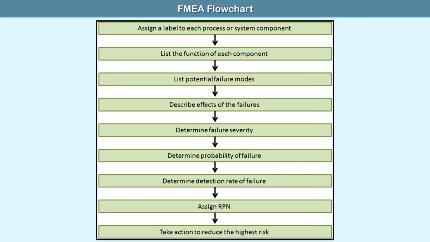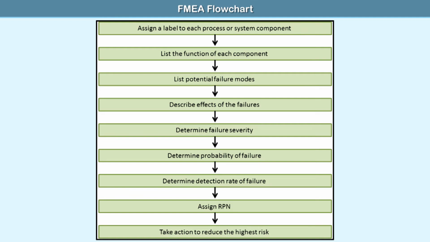FMEA flow chart. Assign a label to each process or system component. List the function of each component. List potential failure modes. Describe effects of the failures. Determine failure severity.